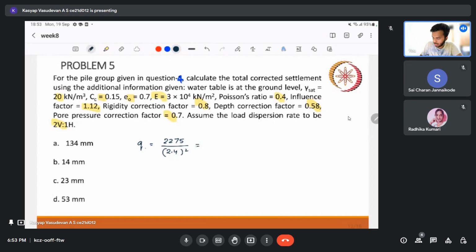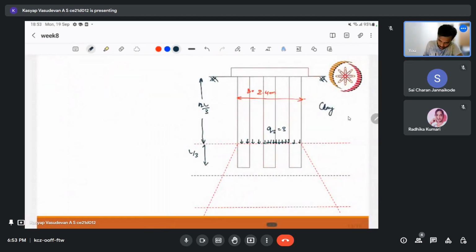That turns out to be 394.97 kPa. So we are assuming the raft is applying 394.97 kPa at that particular level. So we have that. Okay.